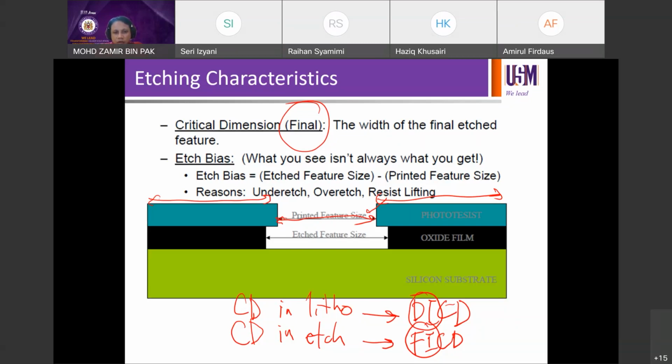But for FICD, you're measuring the etch feature, what you actually want to pattern. In this case, you want to pattern the oxide by using the photoresist. So in etching, you are measuring the patterned oxide rather than the patterned resist, because the resist will not be there after etch. The top one will be your DI, and the bottom one will be your FI. Is it clear?